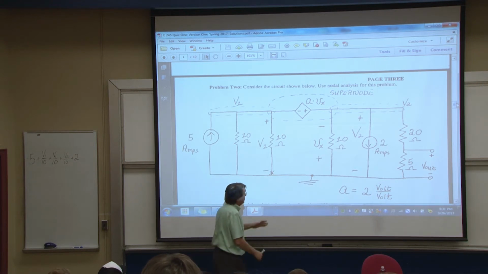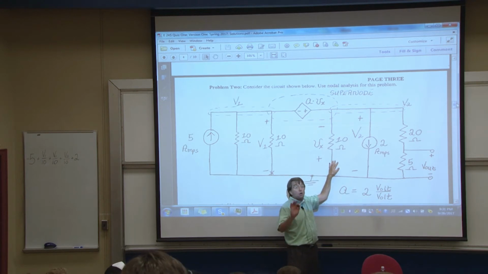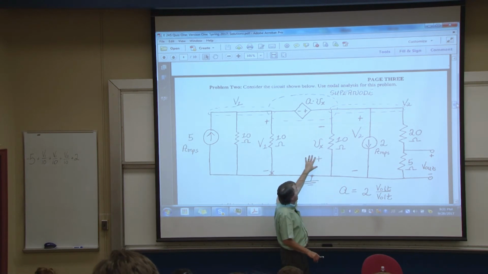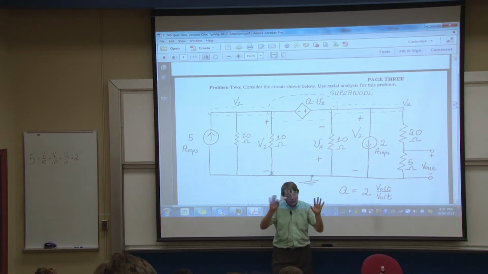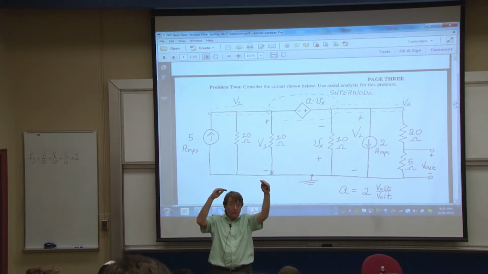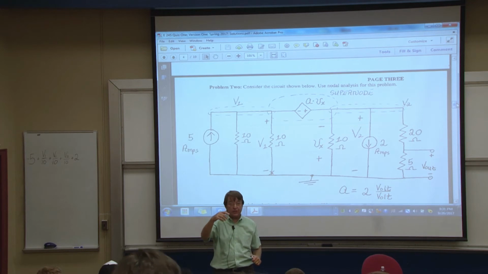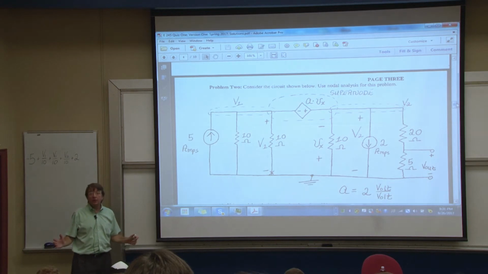And that's consistent with the definition of V2. So you're right. Later on, I'm going to have to come back and find an equation for Vx. But right now, the first pass, I find it easier to ignore it and go with either V1 or V2. In this case, V2. Did I do okay? Great. Thank you.